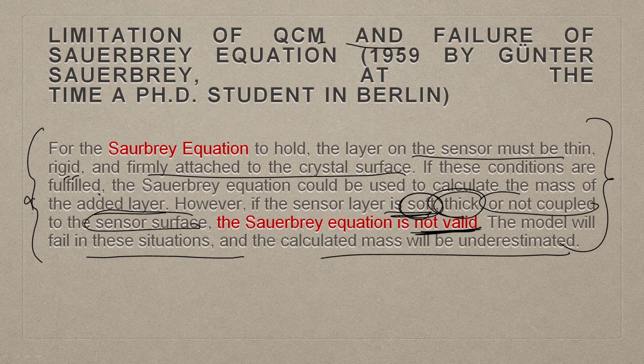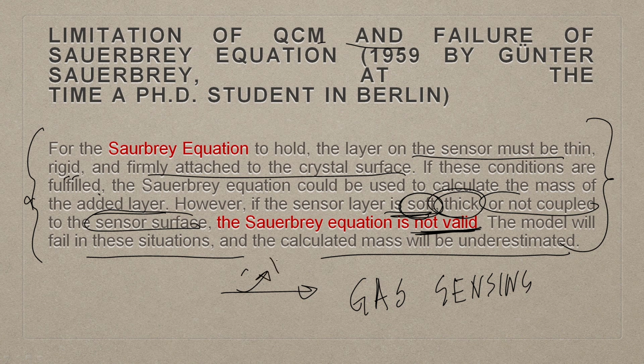So you realize that for the standard Sauerbrey equation to work, there are some prerequisites. That is why, for a long period of time, QCM has been used for gas sensing. What you do is pass the gas through a chamber where you get rid of the water and everything.